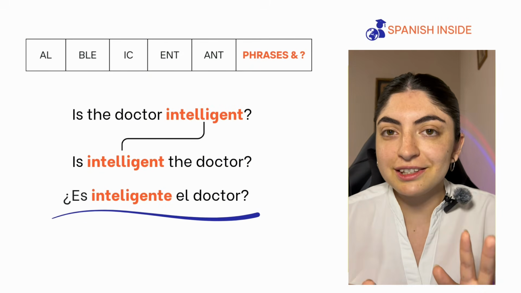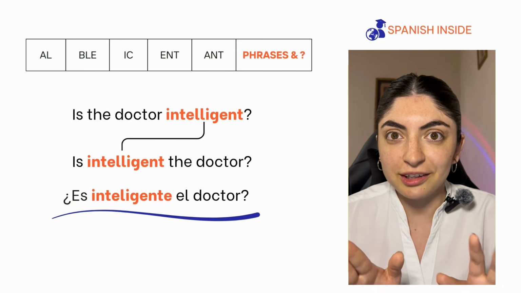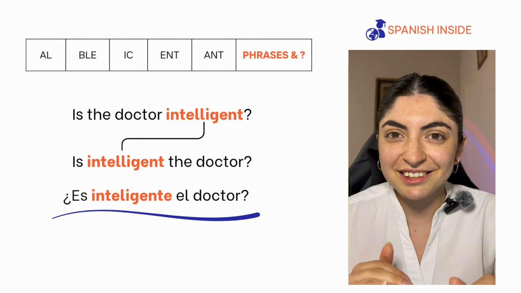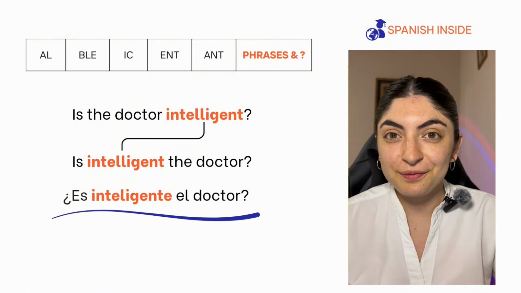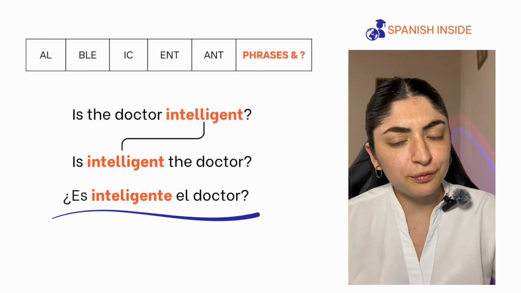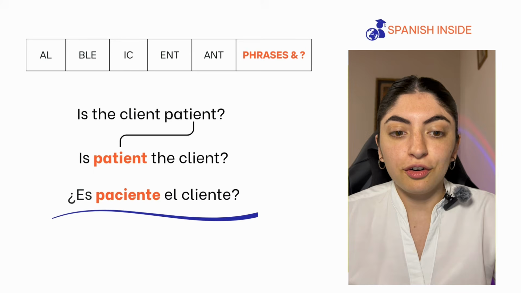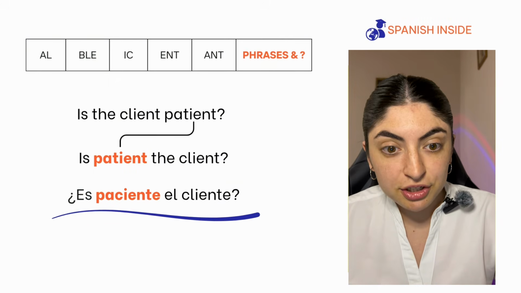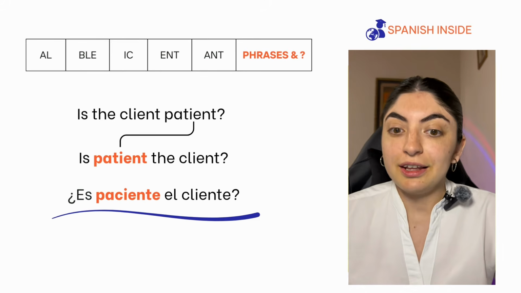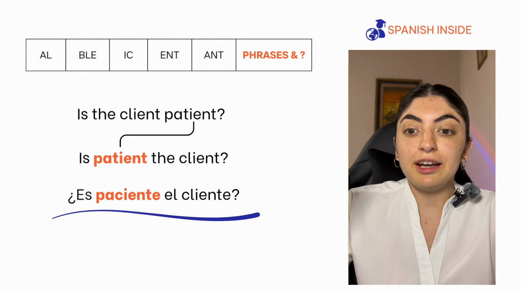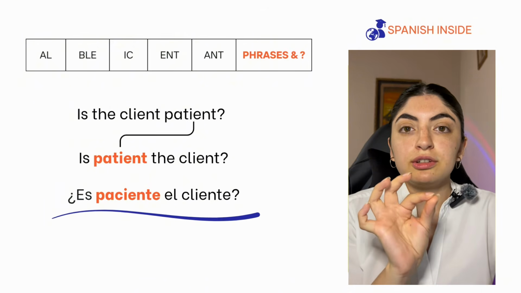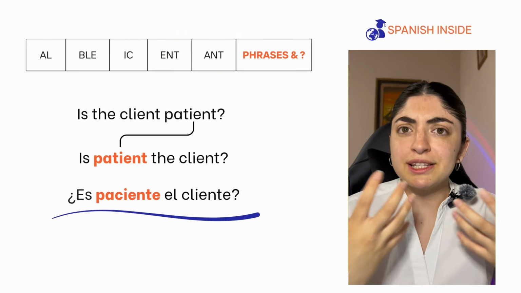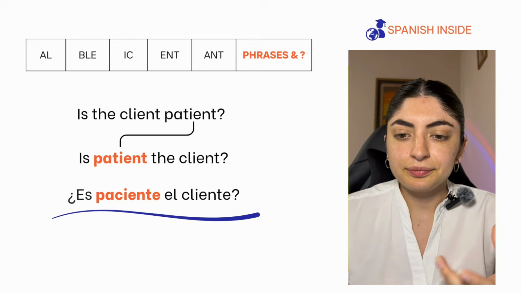I know this doesn't sound right in English, but it is in Spanish. ¿Es inteligente el doctor? Or you can also say, is the client patient? I take the adjective and I place it right at the beginning. Is patient the client? ¿Es paciente el cliente?